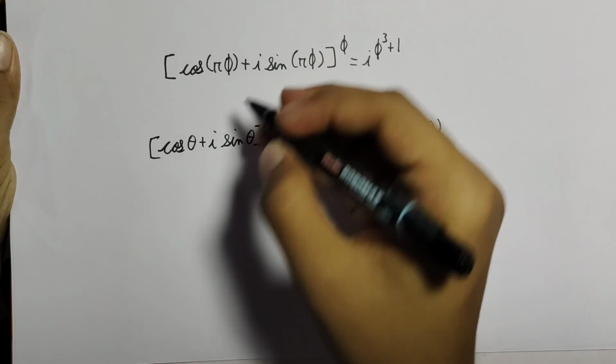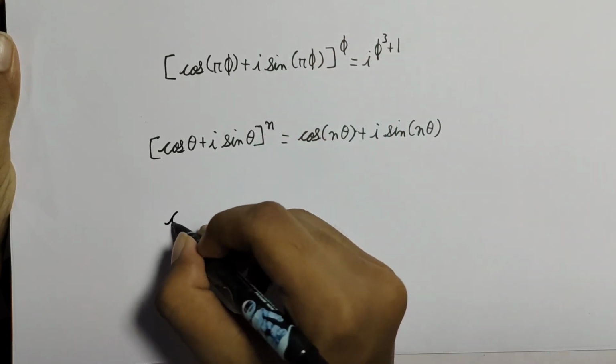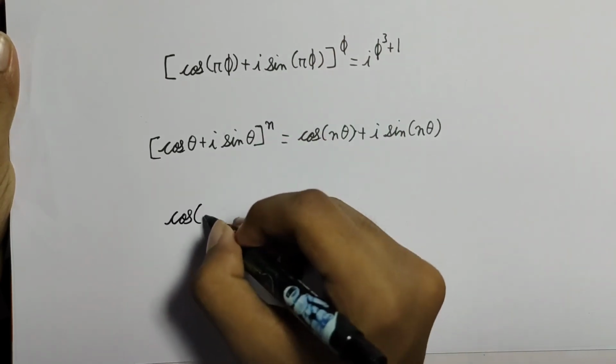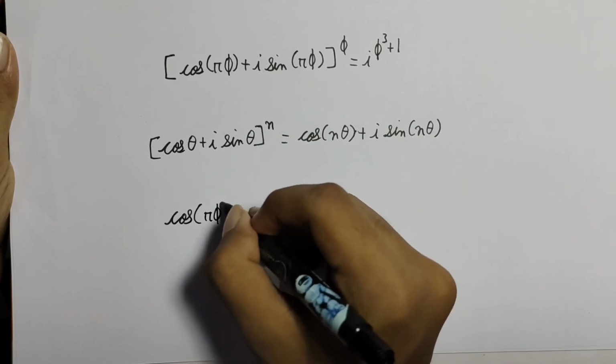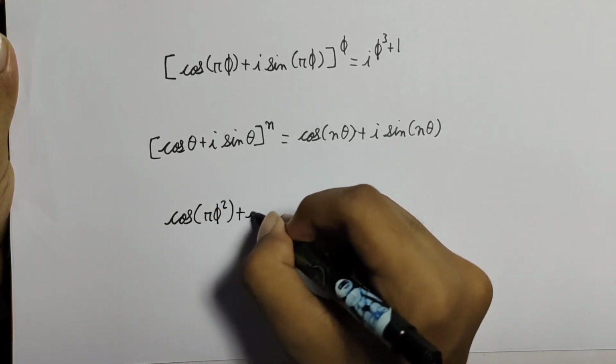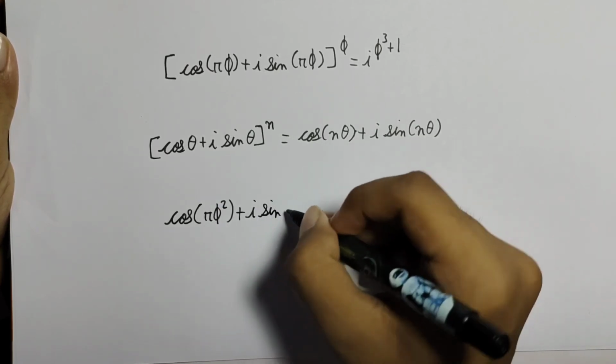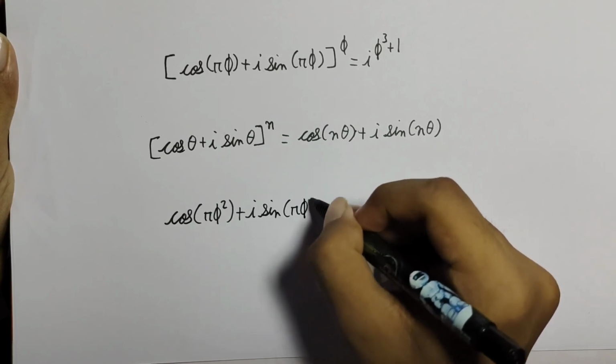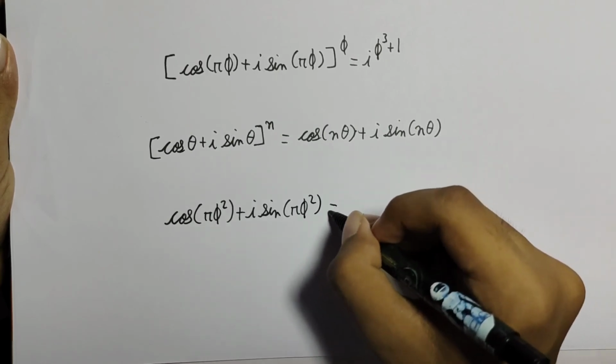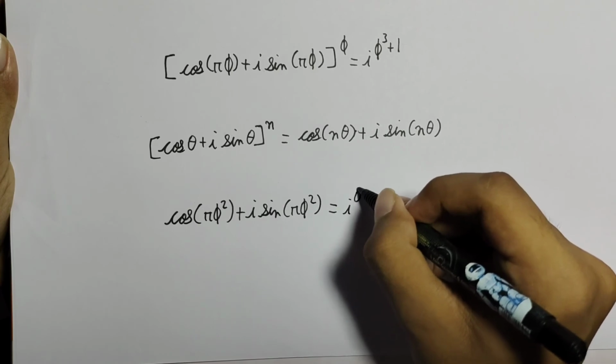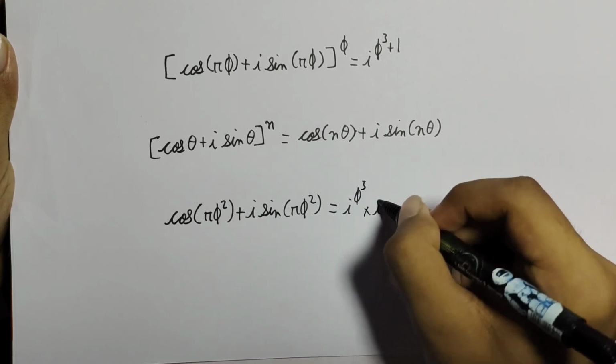So this thing will be equal to cos of π into φ square plus i sin of π into φ square, equal to i to the φ cube into i.